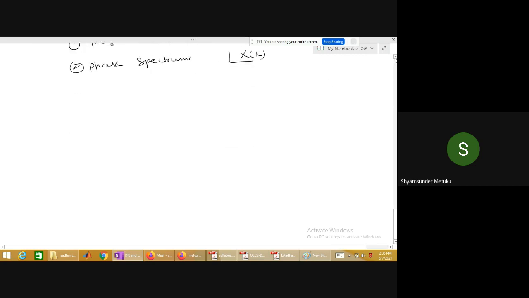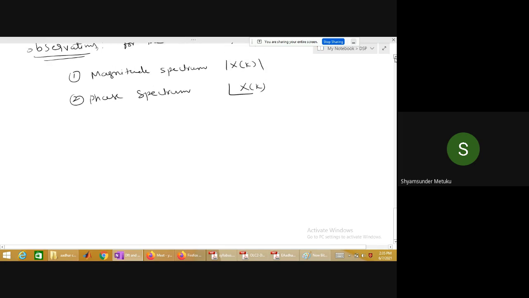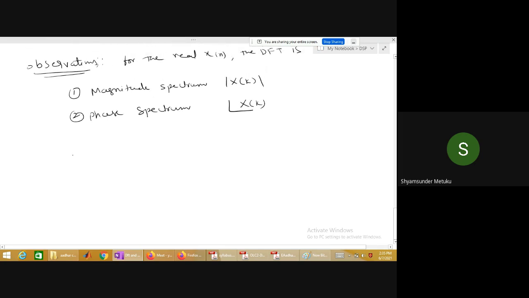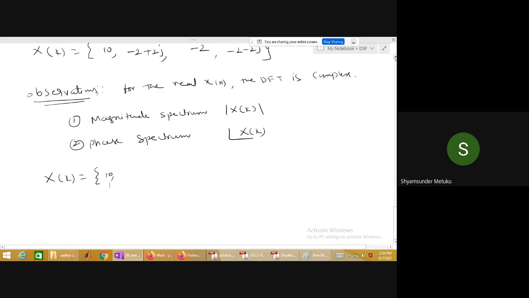Whenever the DFT is complex, you need to plot two different things. So first, X of k, we will rewrite here. What we got is 10, then minus 2 plus 2j, then minus 2, then minus 2 minus 2j. So what is the magnitude of X of k?